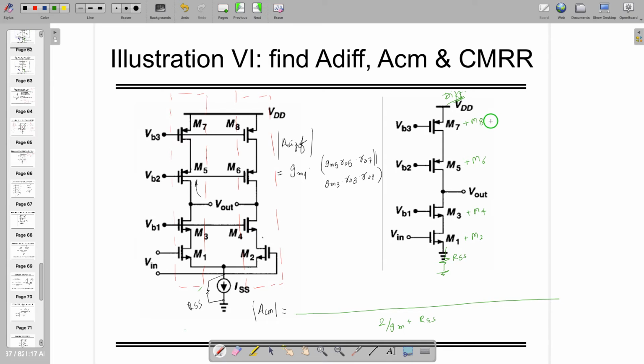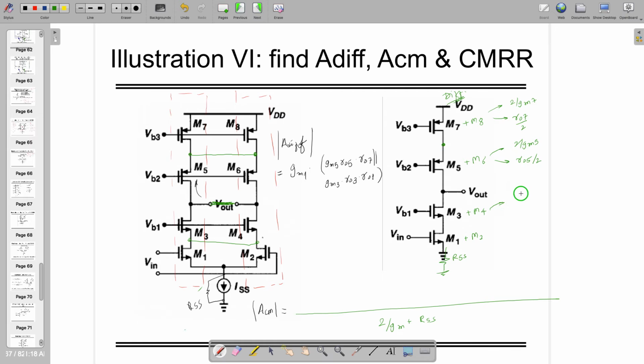m7 and m8 are equal, so the contribution of gm becomes 2 by gm7, and ro becomes ro7 by 2, because 2 ro are in shunt. In this case, if gm is there, it's 2 by gm5, and if it is resistance, it's ro5 by 2, because two channel length modulation resistances are in shunt. Notably, all these points are shorted. So that's how everything gets in shunt.